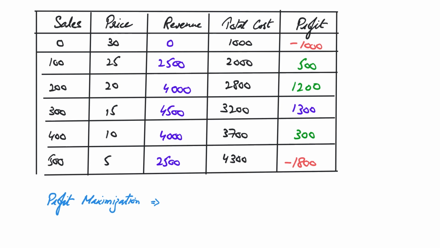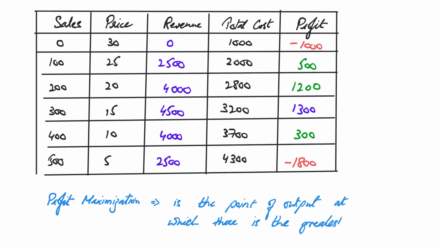But profit maximization is the point of output at which there is the greatest distance between total revenue and total cost.